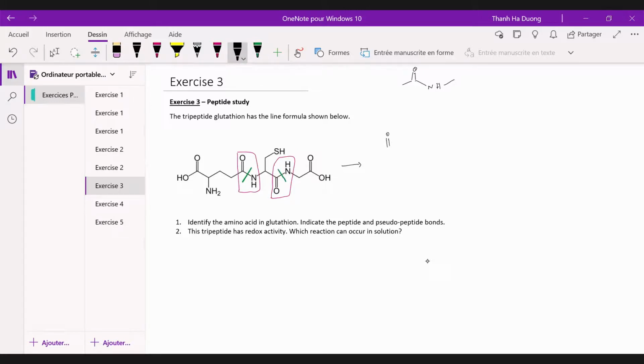The first one, the second one, this one in green, and the last one.